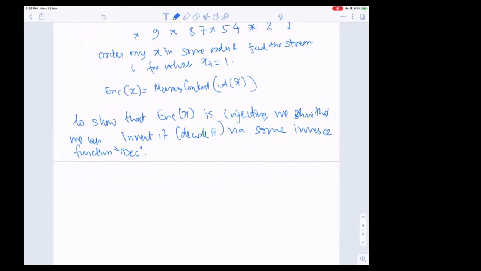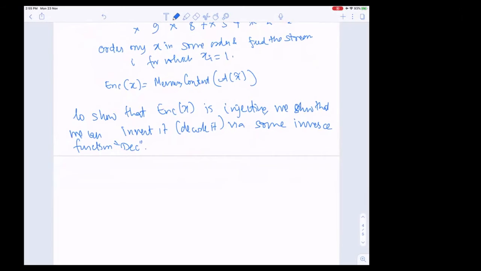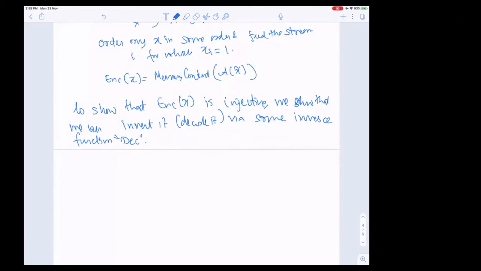Suppose you gave me some m, which is nothing but some encoding of x. This is what is stored. From here, my goal is to find x.